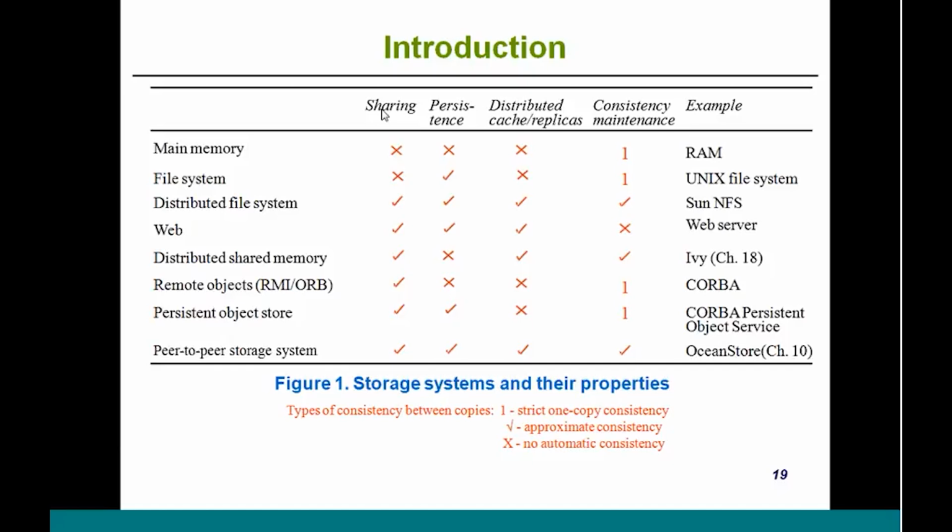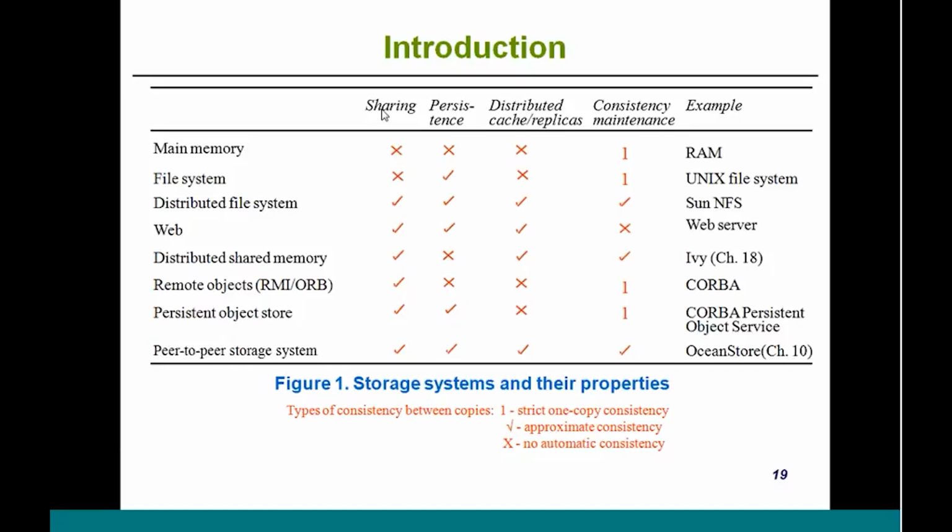Now let's look at a standard file system in Unix, which is basically confined to that particular client. Again, that one does not allow sharing. It has persistence, and it does not have any distributed caches or replicas. And the consistency maintenance again uses strict one copy consistency.